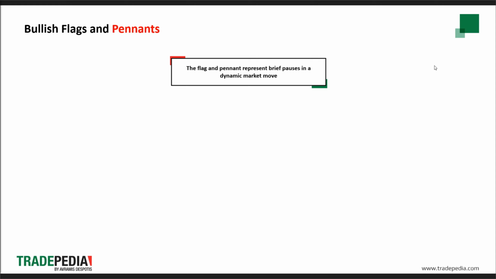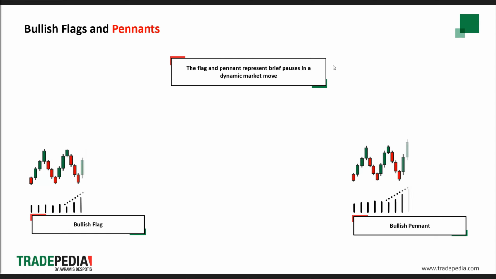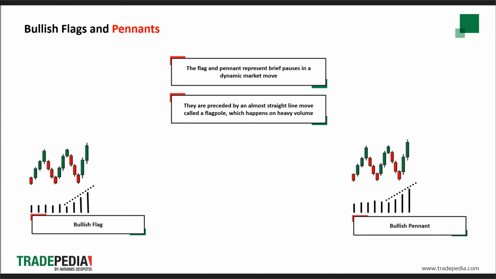Next, we will be going through bullish flags and pennants. The flag and pennant represent a brief pause in a dynamic market movement. They are preceded by an almost straight line move called a flagpole, which happens on heavy volume.